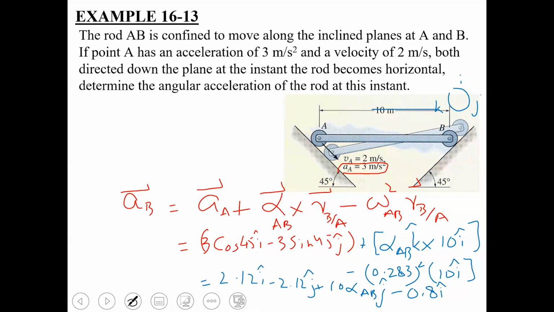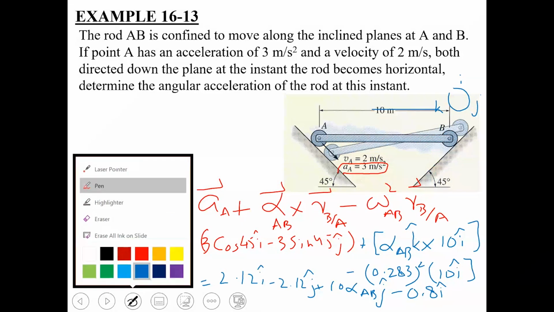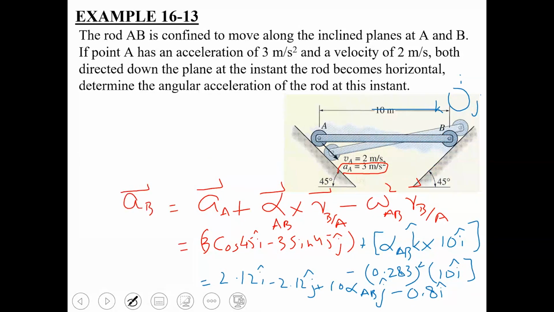Okay, what about the left hand side? What does this left hand side represent? It represents the absolute acceleration of B. So since point B is constrained to move along the incline, you can write this AB in terms of vector as previously जो आपने VB के साथ किया था.